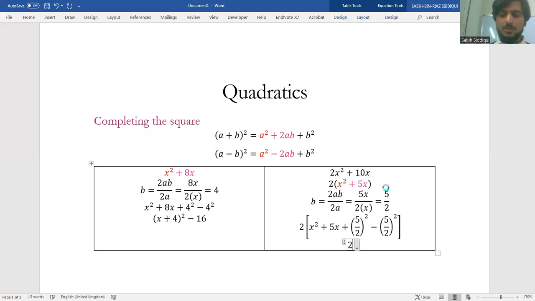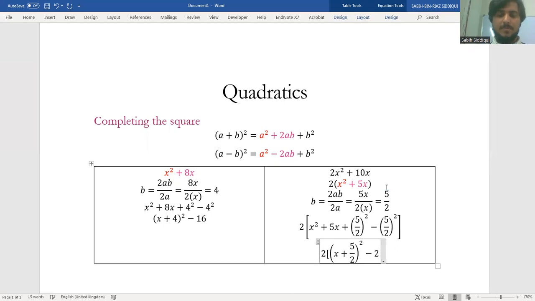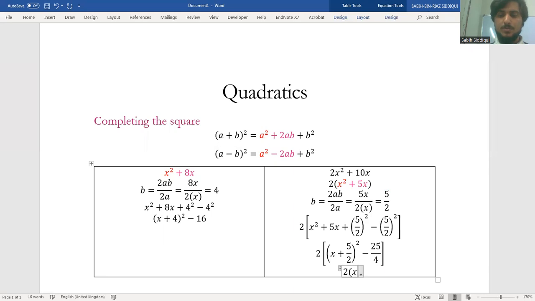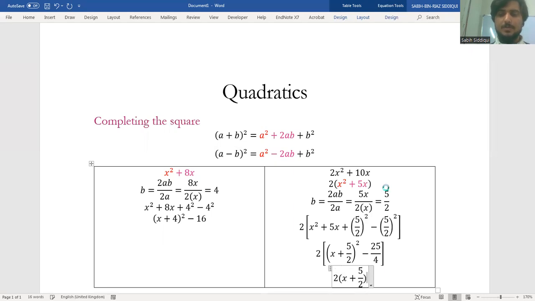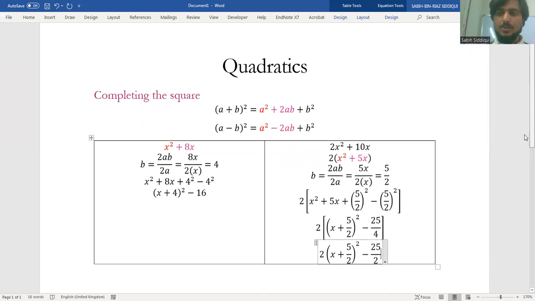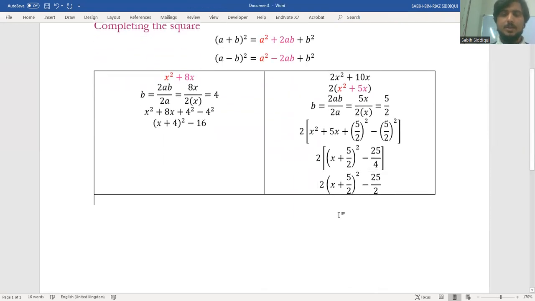Now this portion becomes a perfect square. I'm left with 25 over 4. So 2 multiplies by the perfect square, and it also multiplies by minus 25 over 4. So I end up getting minus 25 over 2. So this is how we can complete the squares.